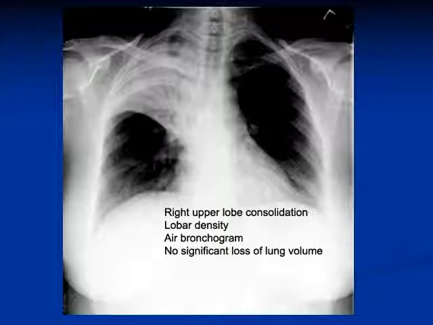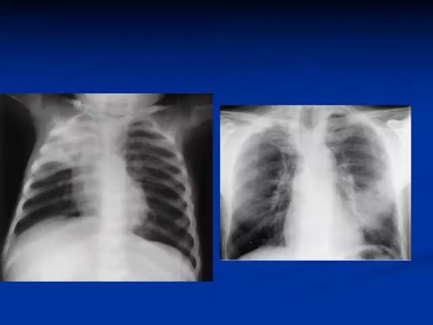This is called right upper lobe consolidation of lower density, and it contains air bronchogram and is not affecting the mediastinum. So this is the right upper lobe consolidation. Also, this is right upper lobe consolidation. This is the middle lobe consolidation.